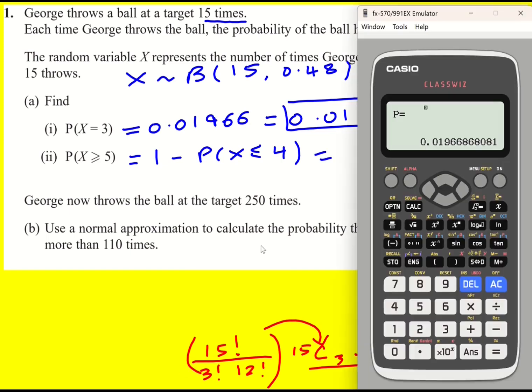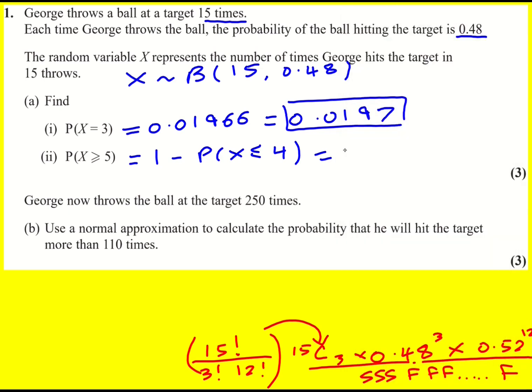And for this, although we could do it the long way by calculating all the individual probabilities, there's a handy cumulative distribution function which does less than or equal to. So just put in 4, 0.07986, which then becomes, to 3 significant figures, 0.920. Right, well done so far.